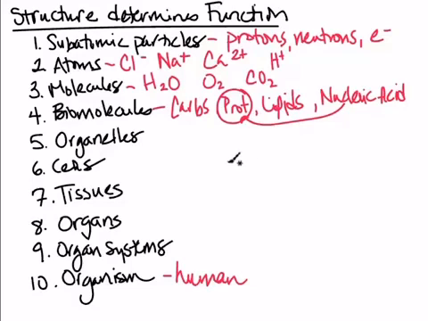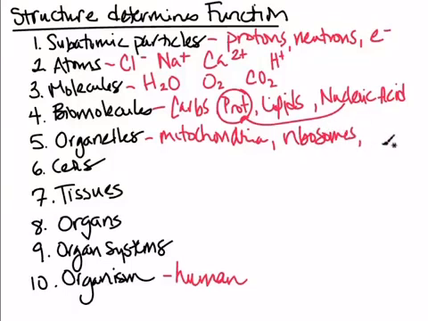If we put a bunch of biomolecules together, we can actually build organelles. And organelles are things like mitochondria, ribosomes. We've got the Golgi apparatus, the smooth and the rough endoplasmic reticulum, the cell membrane, the nucleus, the nucleolus, all of these are organelles that we're going to look at in this class.